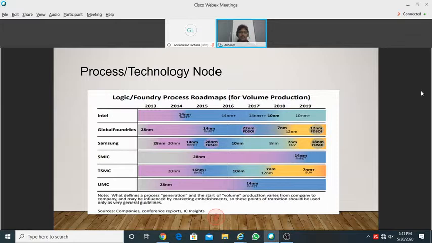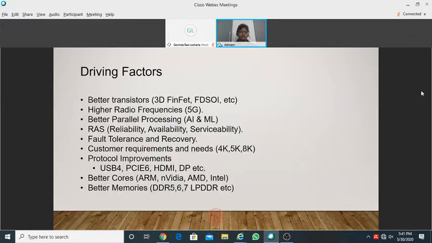Okay, going to the next slide, what are the driving factors? Why are we going for better technologies and better SoCs? First, we are getting better transistors.